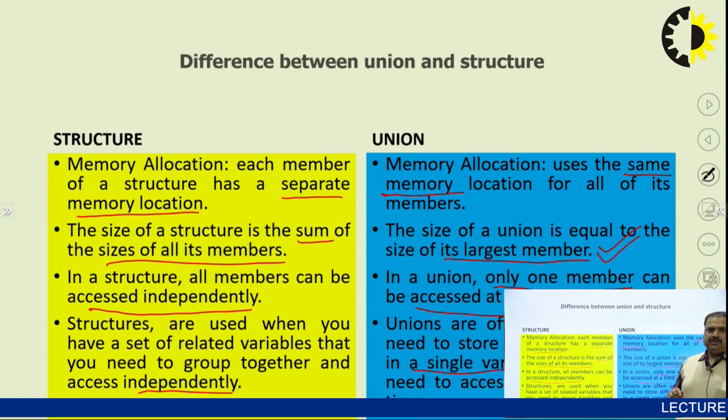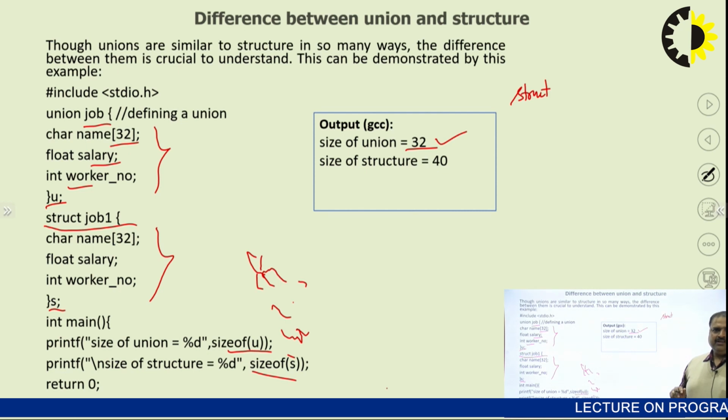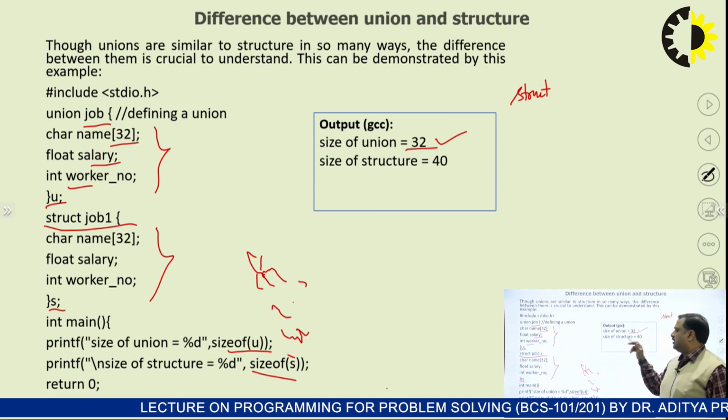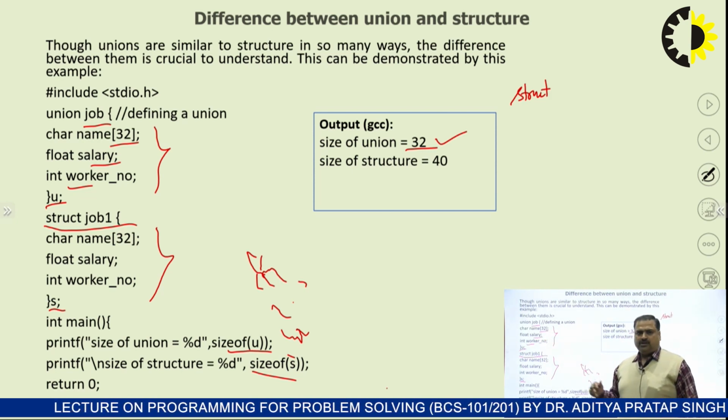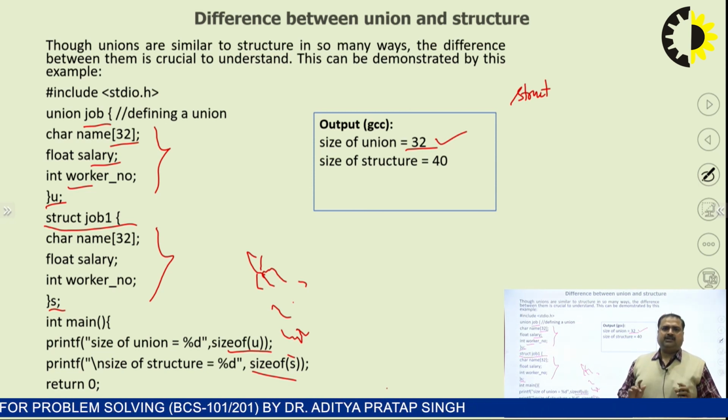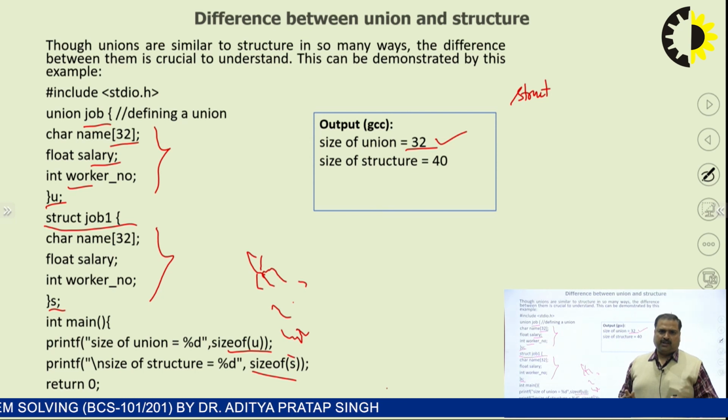We only reserve a memory area equivalent to the largest member, because float requires 4 bytes and int requires 4 bytes, and they can be adjusted in the 32 bytes allotted to the union variable. So there is no issue.